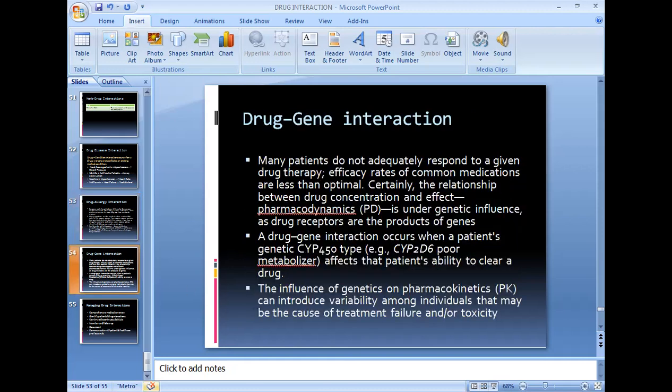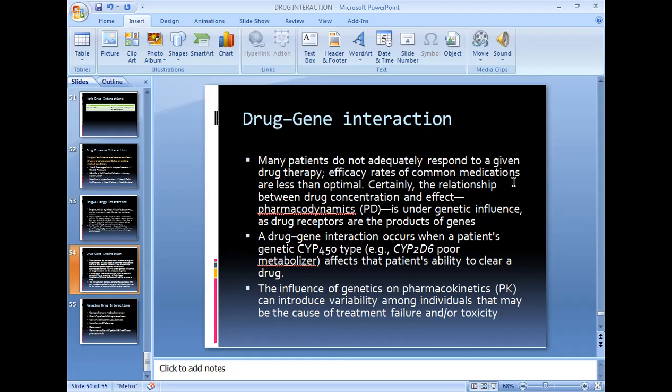Another type: drug-gene interaction. Many patients do not adequately respond to a specific drug, but others may have a good response. The efficacy rate of common medications is less than optimal.